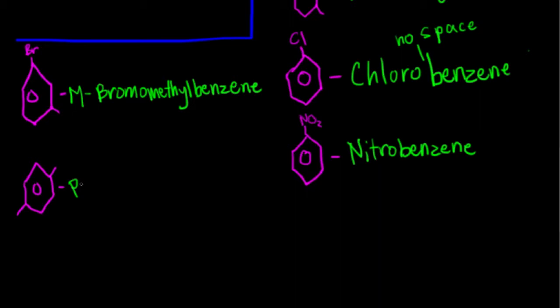Because benzenes are always circling around, so the substituent can start anywhere. Di because there are two substituents that each have only one strand. Methyl because of the one-carbon substituents, and benzene at the end.